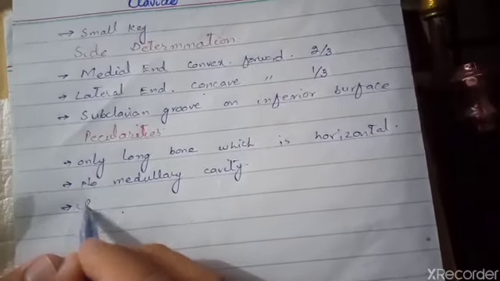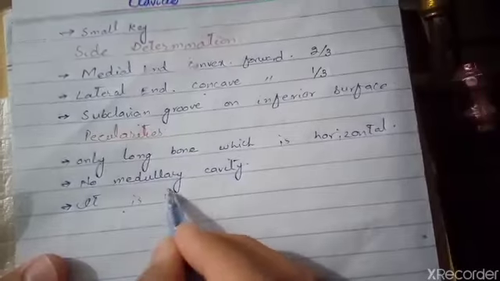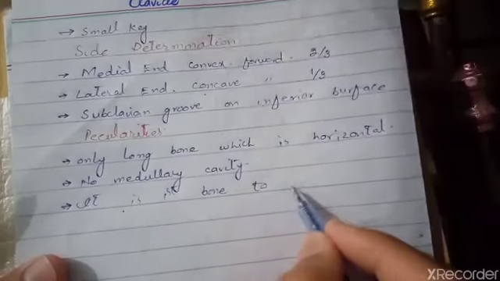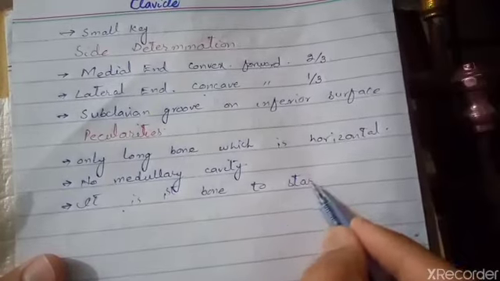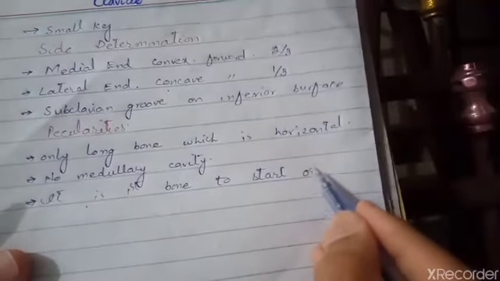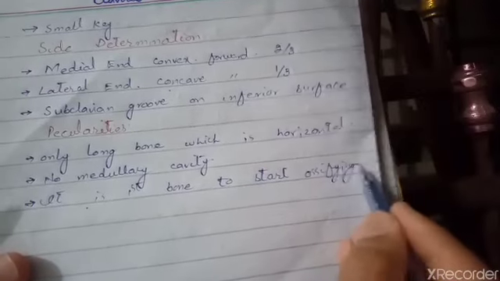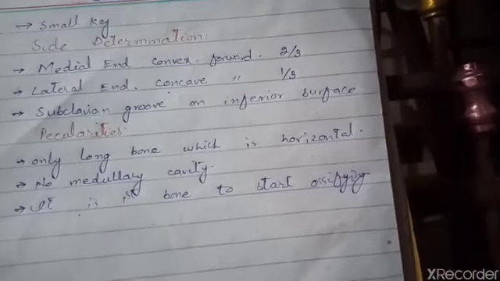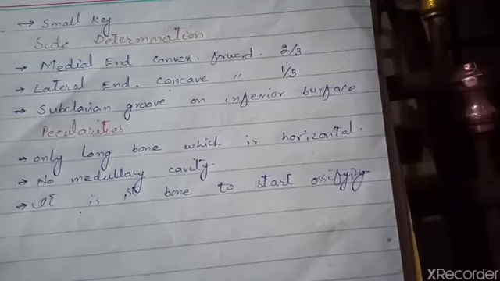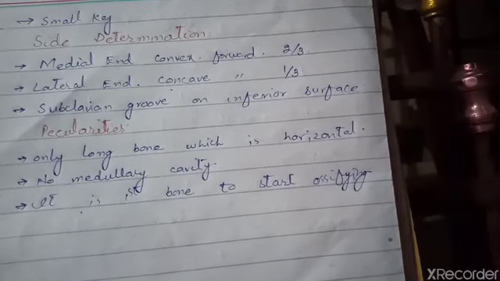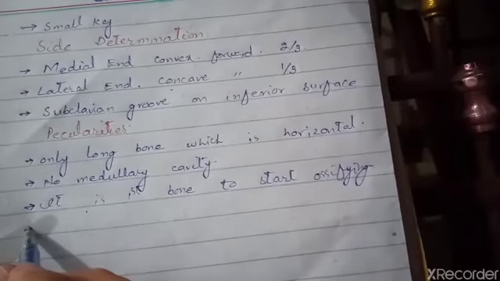Again, it is the first bone to start ossifying. It is the first bone in the human body which starts ossifying, and ossifying means the conversion of cartilaginous cells into bony cells. And it ossifies in membrane.